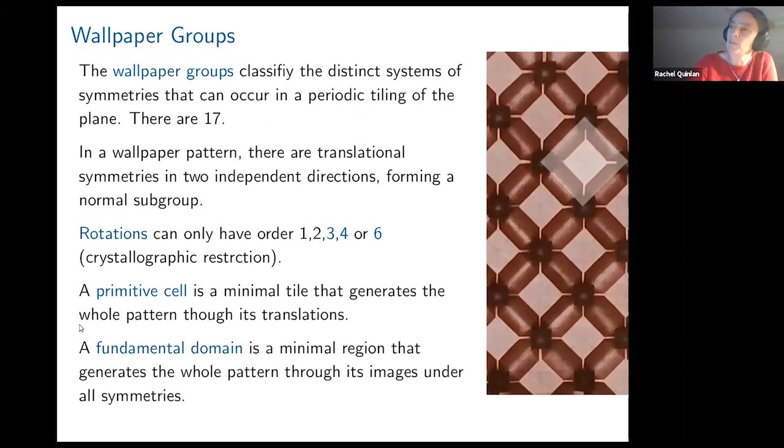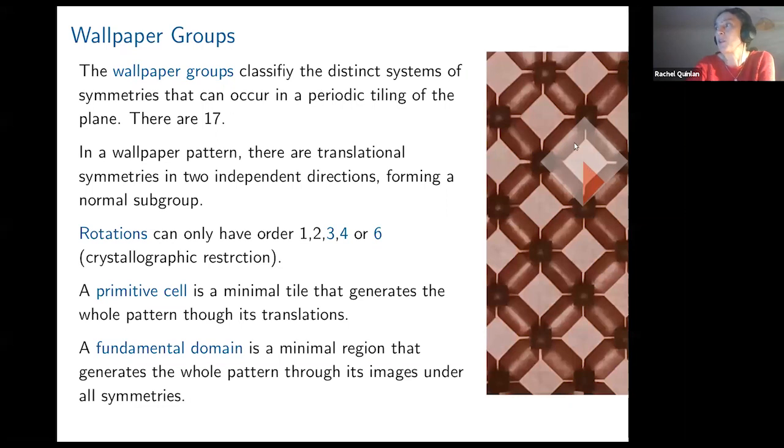We don't need so much of this lingo, but just to mention that it's come up already in a couple of talks, a fundamental domain is a term that we'll use for a minimal region that generates the entire pattern through its images under all symmetries, not just translations. In this particular picture, for example, this red triangle would be a fundamental domain, because if we reflect that red triangle in this line, we fill out this quarter of the square.